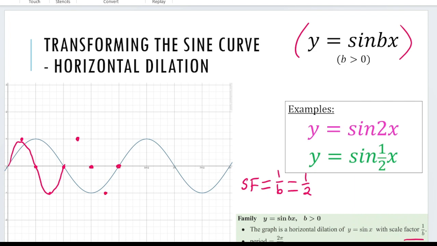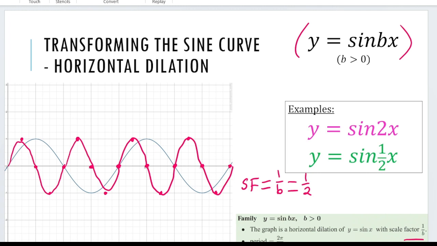So instead of there being that larger period that we had at the start, we have this. If we think about it in terms of oscillations or periods of that curve, we can see that by the time our blue line has done its first one, we've already had 2 of our pink one, which is the y equals sine 2x.